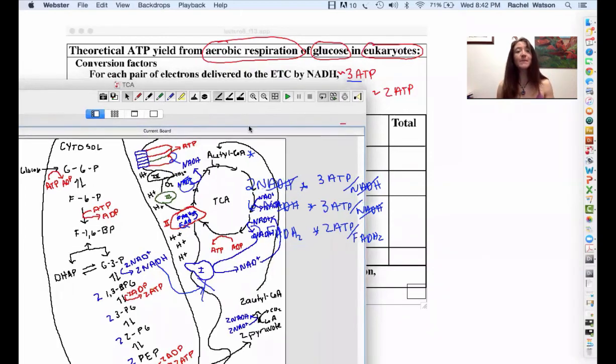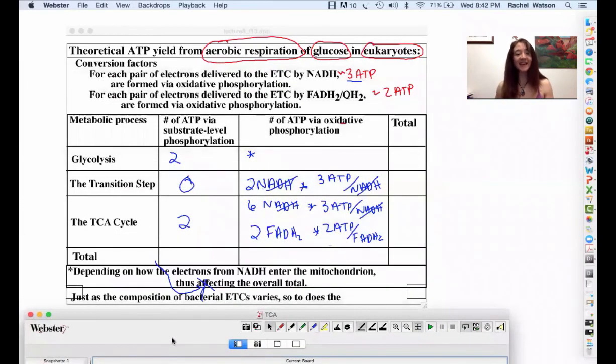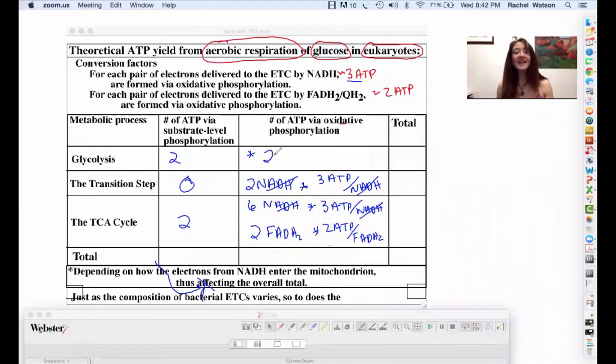So we can be pretty comfortable with saying that, of course, the 2 NADHs that we just saw being made in glycolysis are not going to be worth the full 3 ATP. And in fact, they're likely to be worth something closer to 2 ATP.